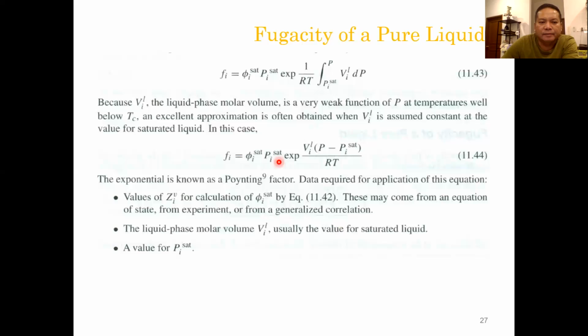Then for the liquid, it is a very weak function of pressure. Remember, I told you that in the liquid phase, pressure will not affect the volume or the properties of the liquid much.